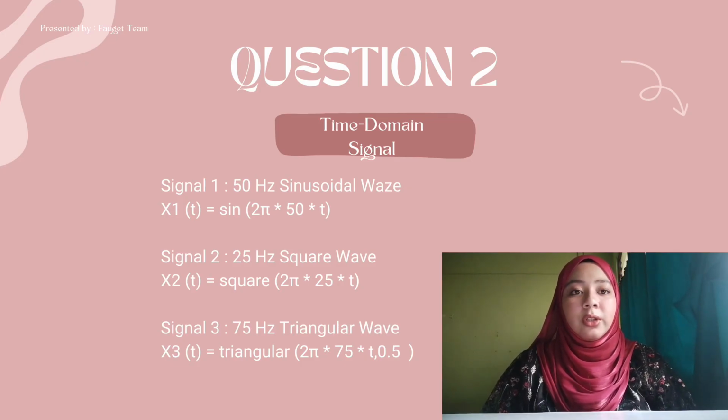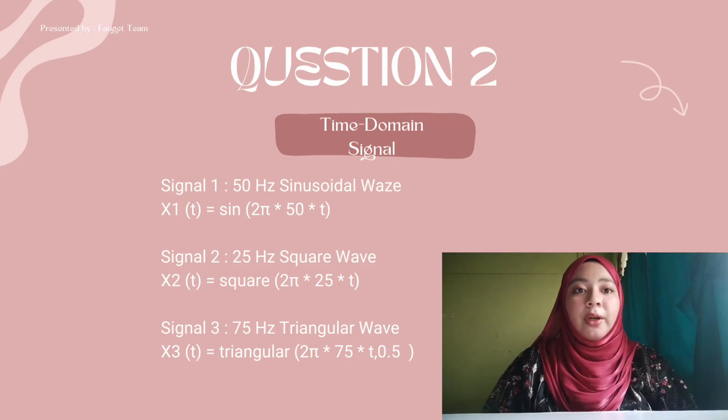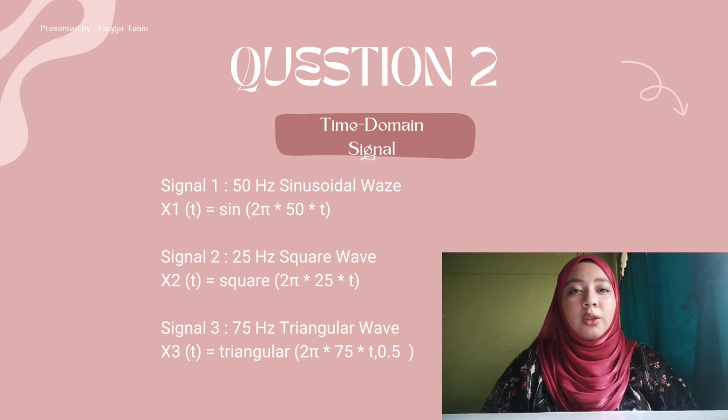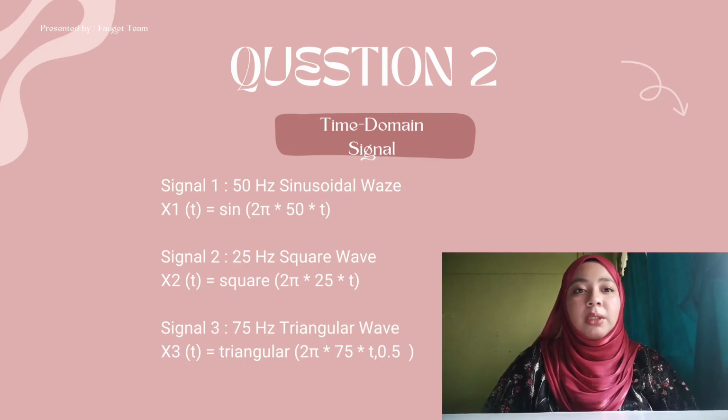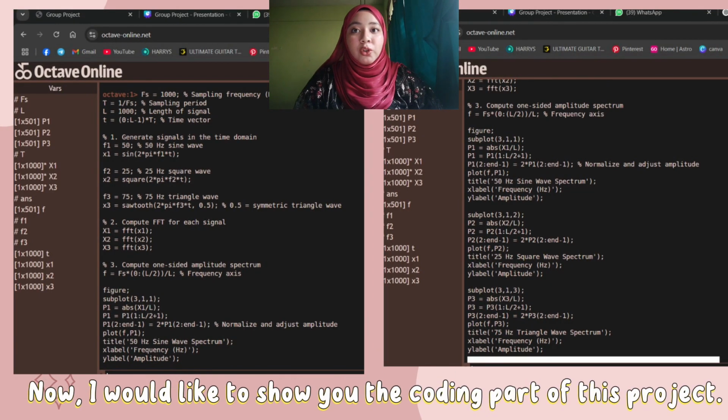And signal 3 is a 75 Hz triangle wave defined as x3 equals triangle(2 pi multiplied by 75 multiplied by t, 0.5). Now, I would like to show you the coding part of this project.